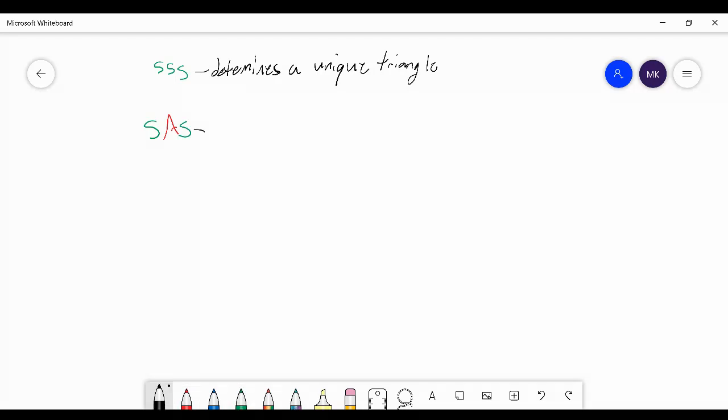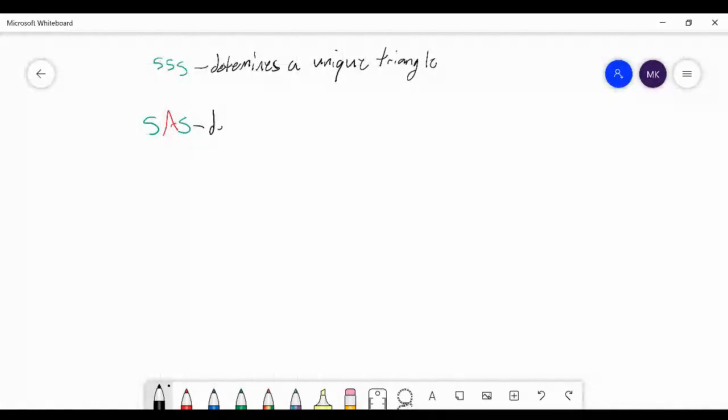If we're given side, angle, side, this means that we are given the lengths of 2 of the sides and we are given the angle between them. This also determines a unique triangle.